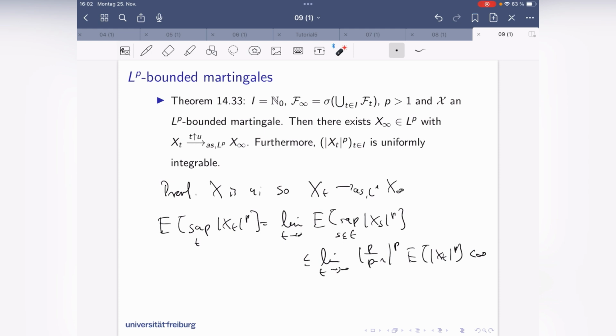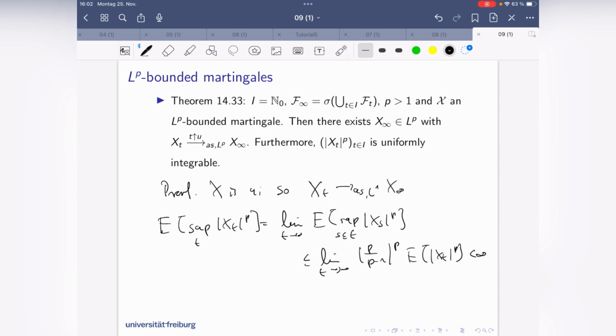And that means that this random variable here is in L1 and is apparently an upper bound for the process xt. And in this case, we have that the martingale, so xt to the power of p, is uniformly integrable.